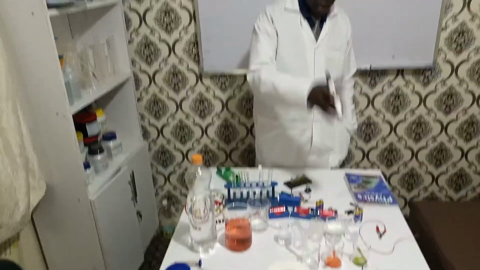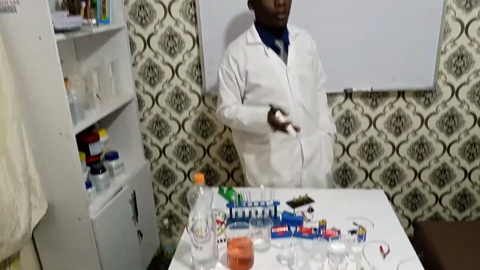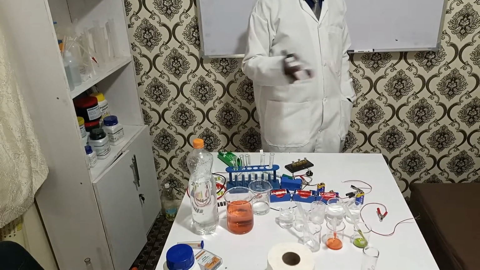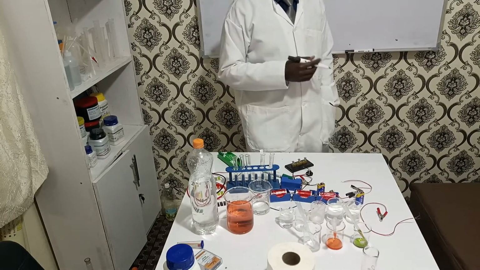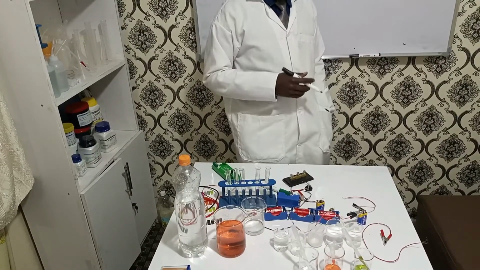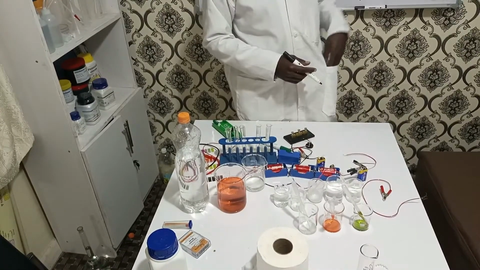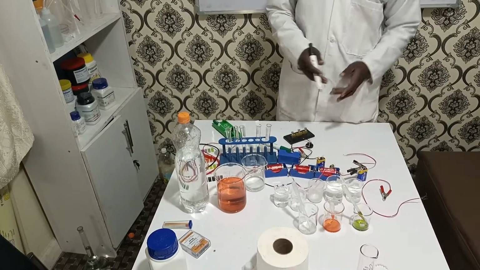I also have some of the types of indicators, which are normally used to test for the acidity and basicity of some of the substances. So we normally use it to test for the pH, which we'll also take a look at. We have another type of indicator, which is the methyl orange indicator.